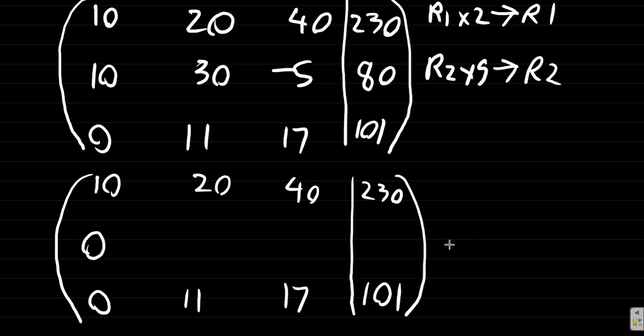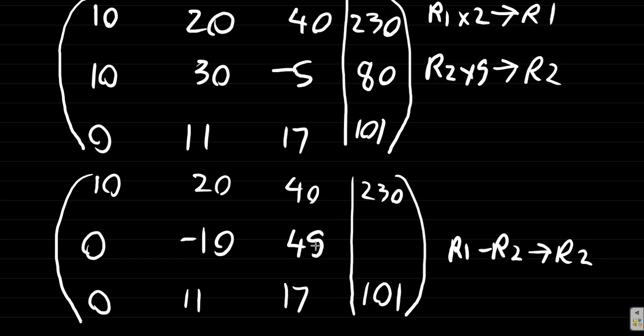So we're going to say row 1 minus row 2 gives us our new row 2. 10 minus 10 is 0. 20 minus 30 is what? Negative 10. And 4 minus negative 5. No, 40 minus negative 5 is the same as 40 plus 5 gives you 45, right? Then 230 minus 80 will give you 150.